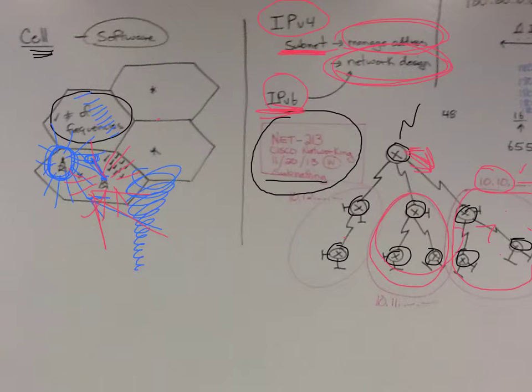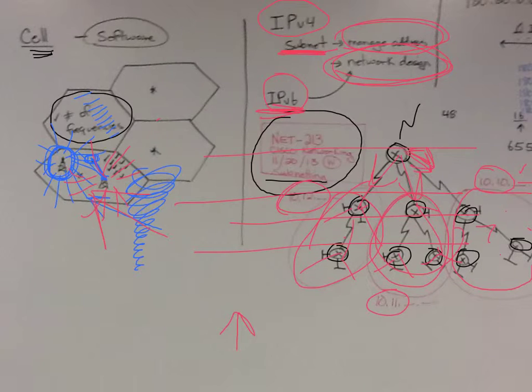We could call this one 10.11 and maybe this one 10.12. So then there's only 3 routes here to get traffic to the area it needs to go. And then when it gets to these routers, they can divide it up appropriately. You can even do that within here, figuring out your addressing to keep the number of routes in the router lower. So we look at this hierarchy or layers of networking, where we have access into our network and how traffic then can move throughout the network.